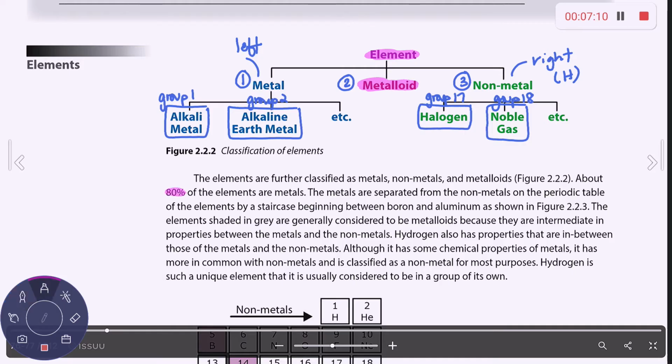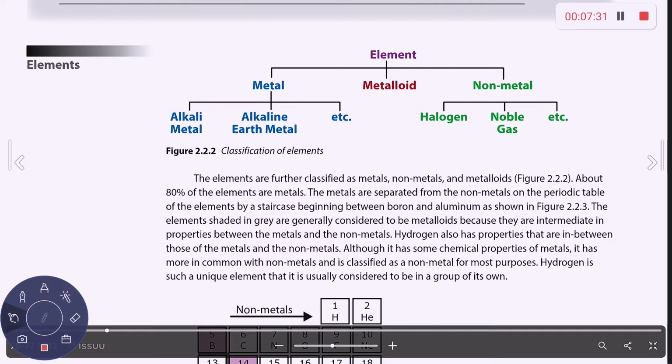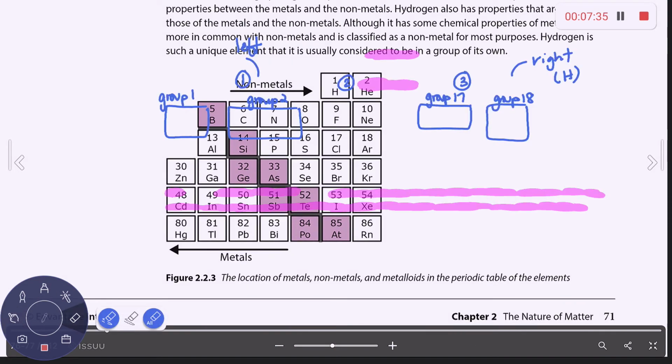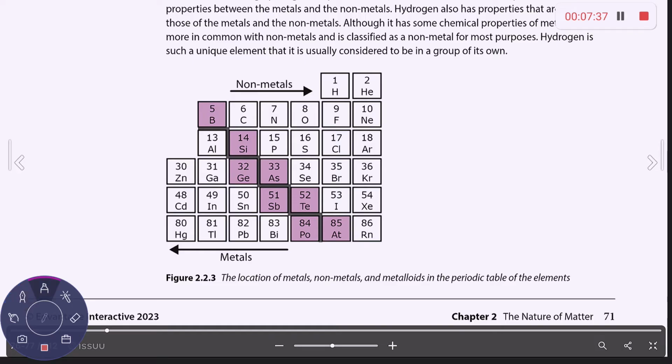What's important to know is that 80% of the elements on the periodic table are metals, and the metals are separated from the nonmetals on the periodic table by the staircase that consists of the metalloids. So let me pull this down and show you what I'm talking about. So on your periodic table, on the right-hand side, you've got this darkened stair step.